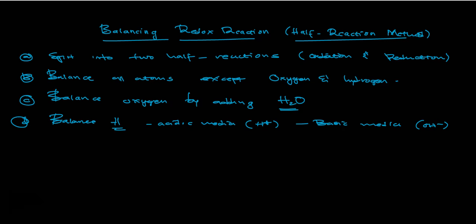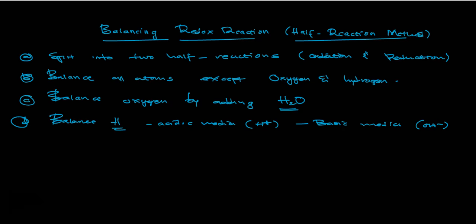No, that kind of method is not acceptable, and most of our lecturers take that method to be wrong. When you are dealing with a basic media, just go with the basic method. You just add hydroxide ion to balance hydrogen atoms.